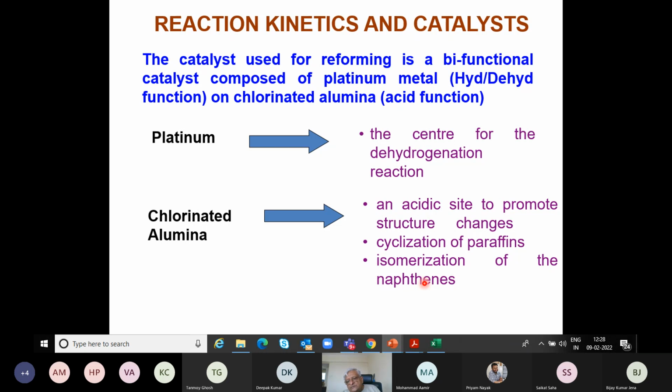That led to the use of very high quality alumina, but chlorinated alumina, like aluminum chloride, which helps you carry out these functions. So the catalytic reforming catalyst is called a bifunctional catalyst.